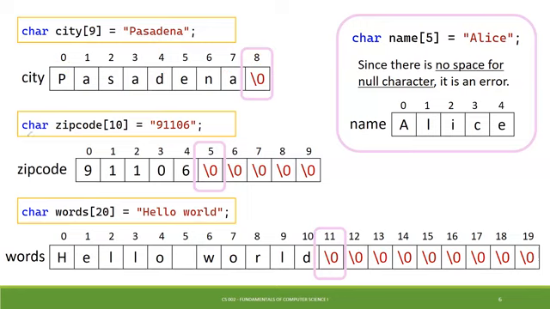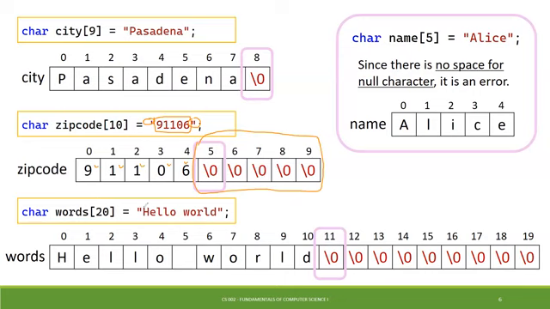And look at that. This is the same. Char zip code 10. The computer will create 10 spaces, right? And 5 letters. It is a number, but it is a letter because double quotes mean it is a letter. So 91106 will be saved, and the rest of the spaces will be filled with null. And this is the same for hello world.